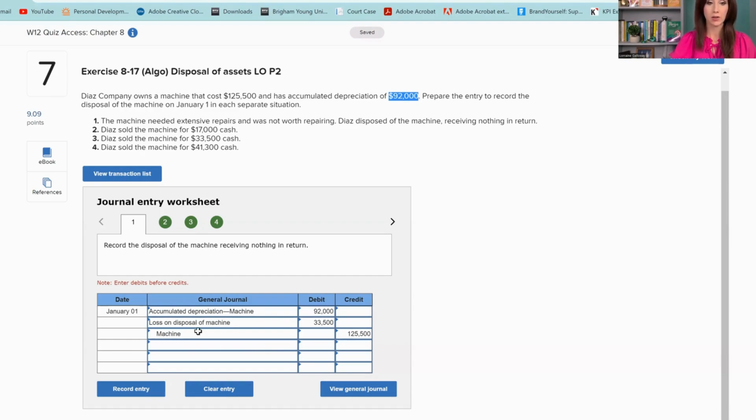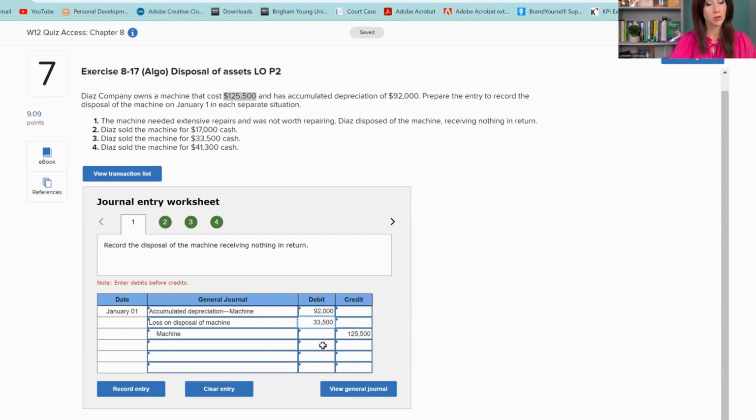I don't know what I have here yet, but I do know my machine value. My machine value is the $125,500. So how I got this middle value is I took the machine amount minus the accumulated depreciation amount, which gave me, in my case, $33,500.